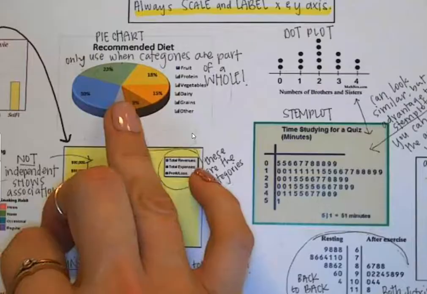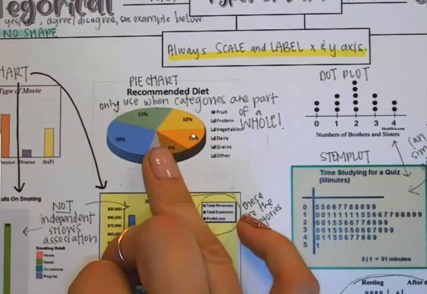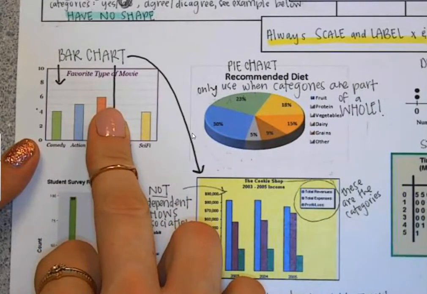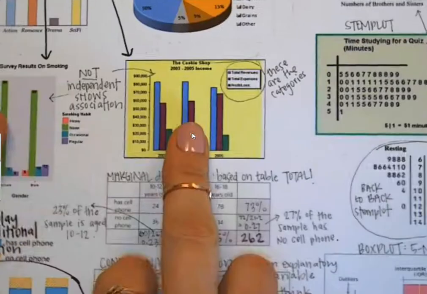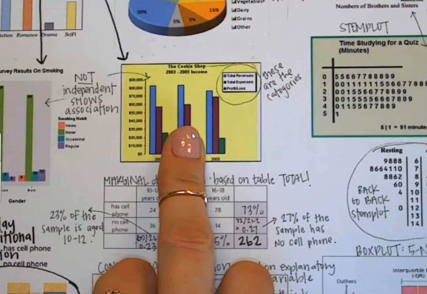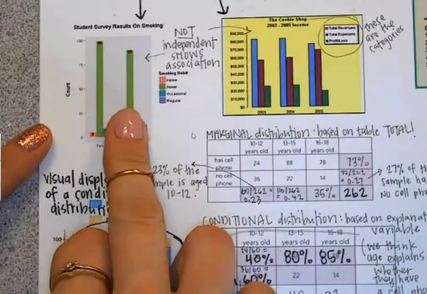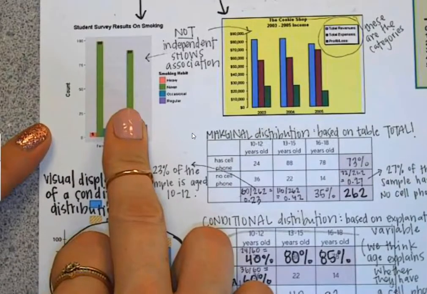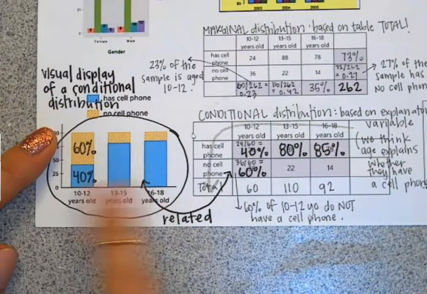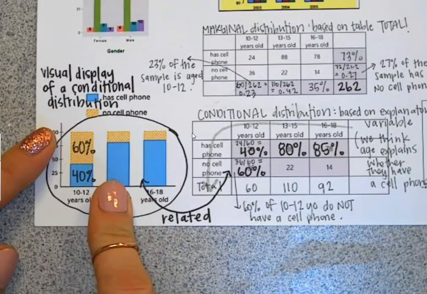Pie chart you only use when categories are part of a whole. So you could use a pie chart for this one as well. You could do a pie chart here, but you would have to do 3 separate pie charts. Here you would have 2 separate pie charts. And then here you would also have 3 separate pie charts.